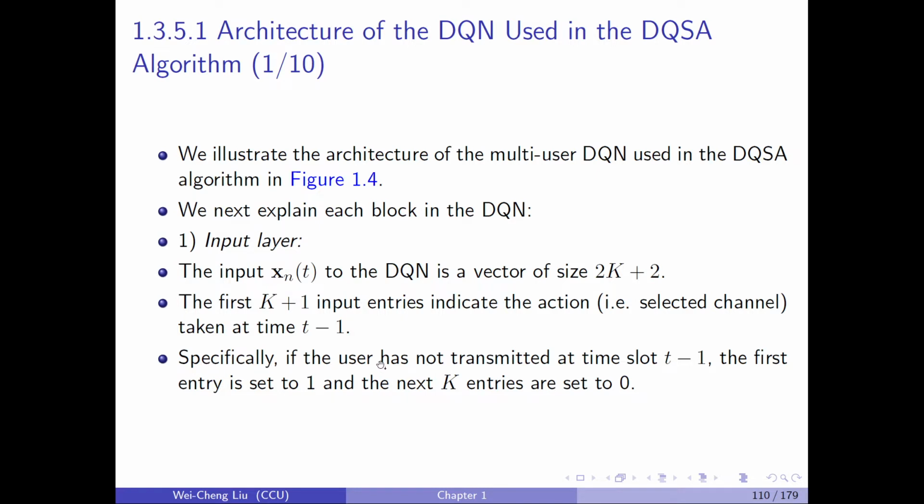Specifically, if the user has not transmitted at time slot t minus 1, the first entry is set to 1, and the next capital K entries are set to 0.